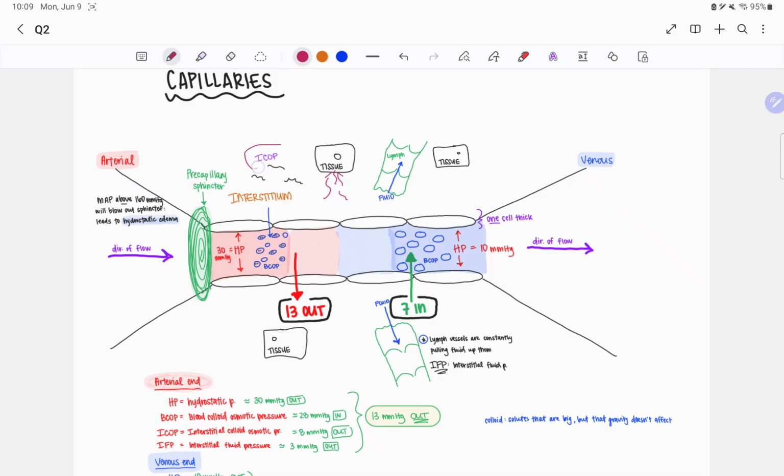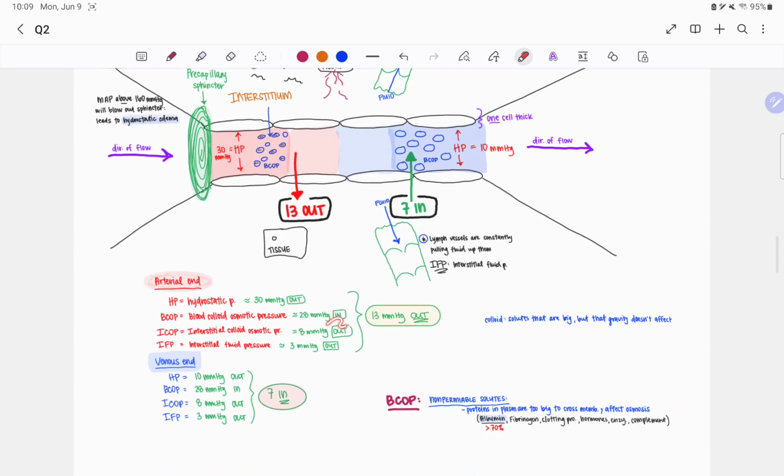So if we increase ICOP, then we're going to have more fluid from inside the capillary being pulled out, right? ICOP already has 8 millimeters of mercury pulling it out. So if we increase that to 18, then instead of 13 out, we're going to have 23 out. And that's a lot more.